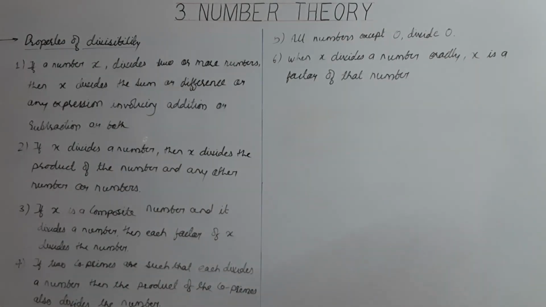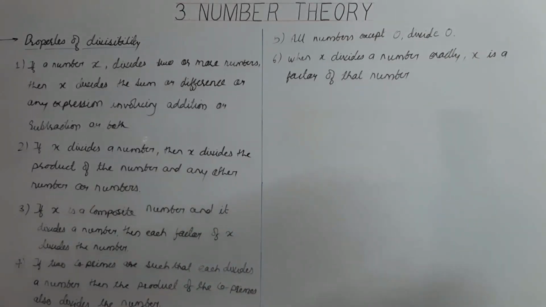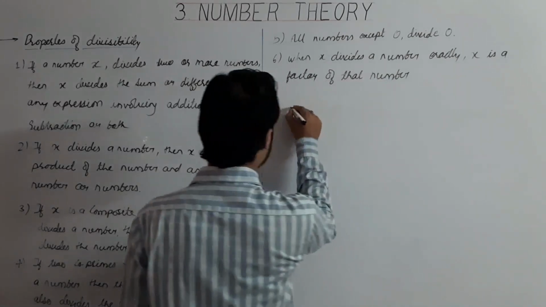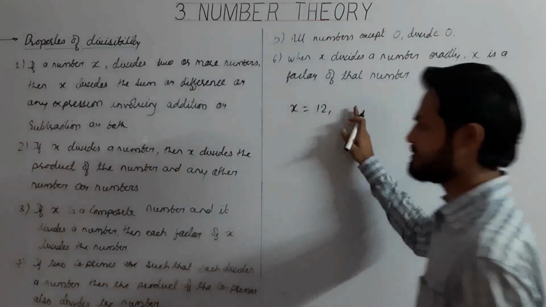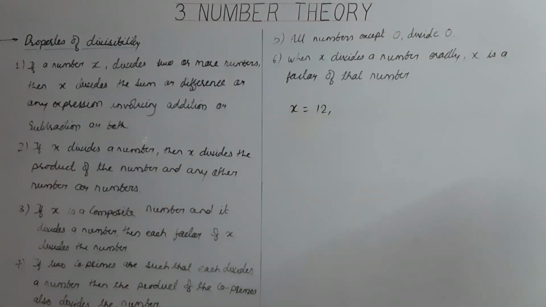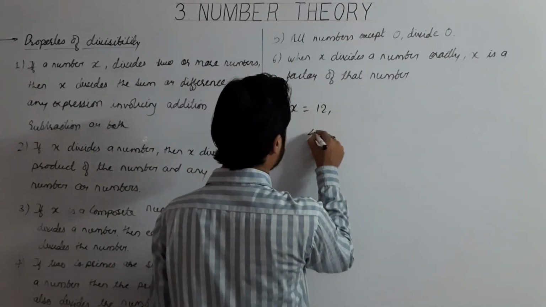Third property: if x is a composite number and it divides a number, then each factor of x divides the number. Let's take a composite number, say 12. 12 is a composite number and it divides a number, say 48.